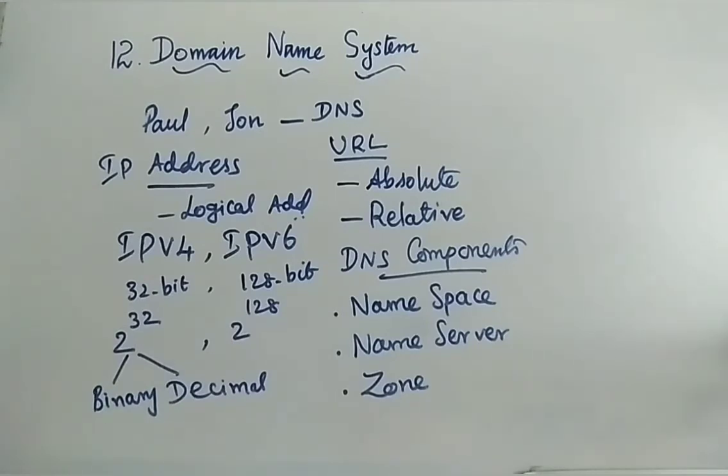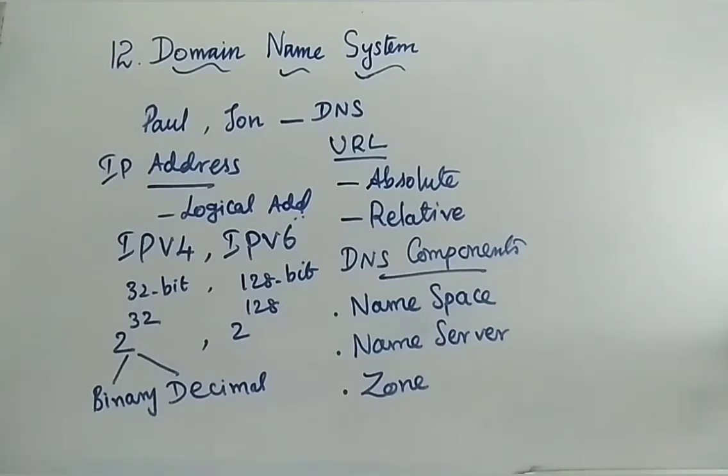Next we discuss the generic top level domain name. For that, you can have examples like COM, which is commercial, EDU, educational, and GOV, government. Like that you will have generic top level domain names. The next one is the country top level domain name.